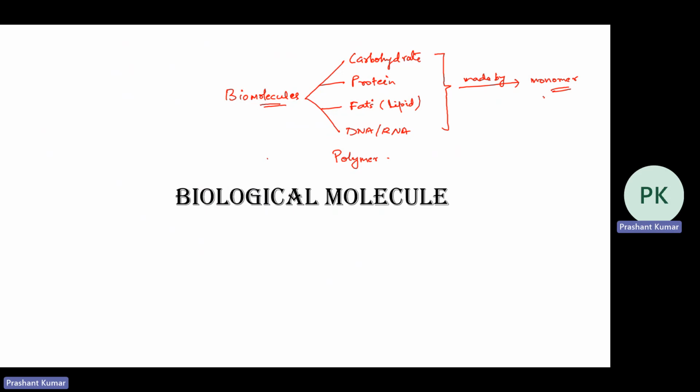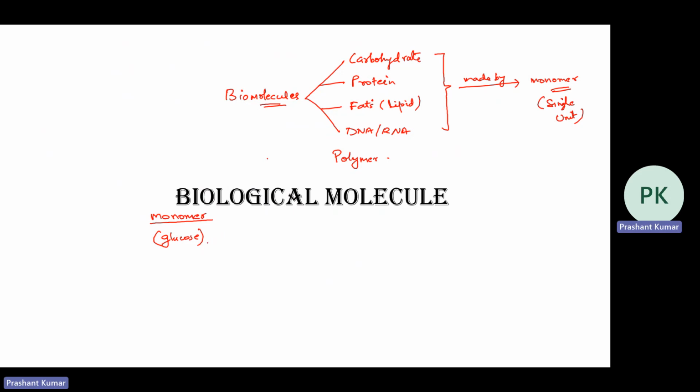A monomer unit is the single unit. Take an example, glucose. So glucose is the monomer unit. Monomer means one.